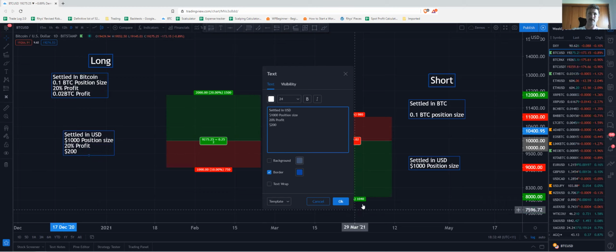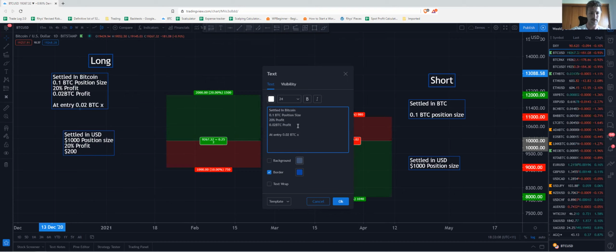The trick comes when you actually consider what that is worth in USD or in BTC. So that 0.02 BTC profit that we made, at entry, 0.02 BTC times $10,000 was worth $200. Whoops, it'd be nice if it was worth $2,000. It was worth $200.